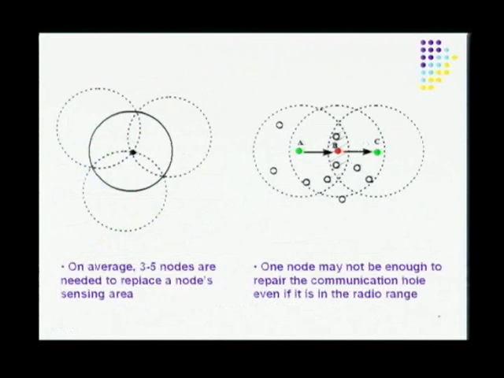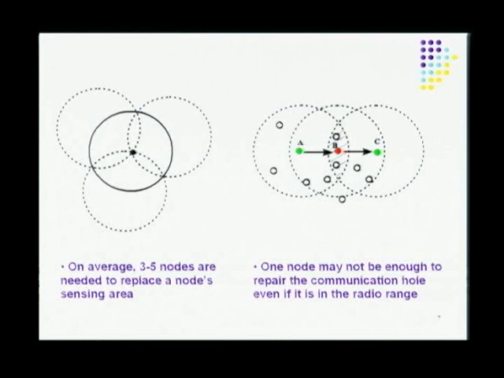However, sensing redundancy is not enough for us, because usually when one active node dies, we need more than one redundant node to cover all the grid points the active node covers. The earlier work has shown that on average 3 to 5 nodes are needed to replace a node's sensing area.